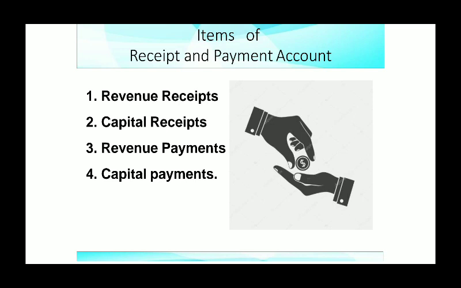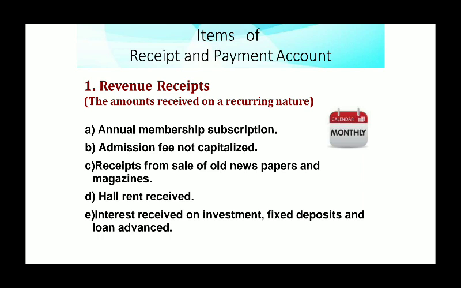Capital receipts are receipts of long-term nature as well as receipts from selling of assets, and capital payments are the long-term expenditure in order to acquire any assets, or expenditure which gives benefit of enduring nature, for more than 1 year. Now, revenue receipts, what is the nature of these revenue receipts?